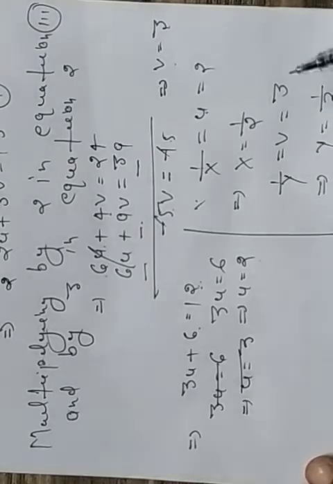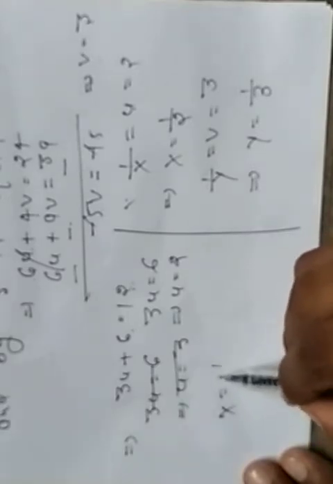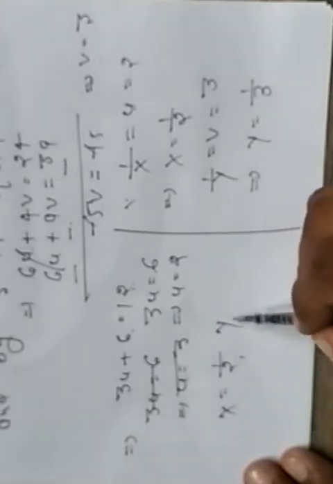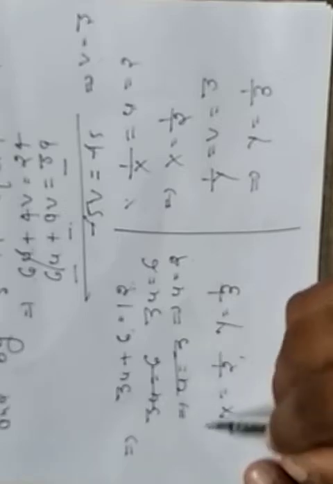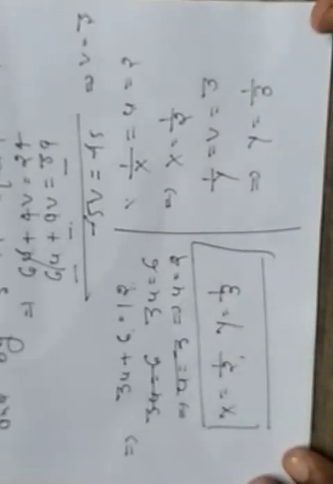So students, the final answer is x is equal to 1 by 2 and y is equal to 1 by 3. Students, please note down the solution of the first part of question number 1. Now see the next question.